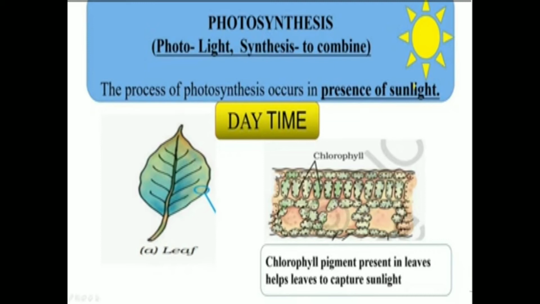The process of photosynthesis occurs only in the presence of sunlight. So, photosynthesis occurs only during daytime. Plants have numerous green pigments known as chlorophyll, which helps leaves to capture sunlight.